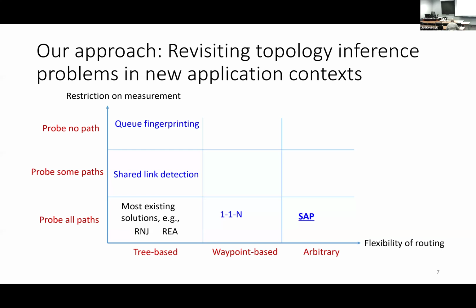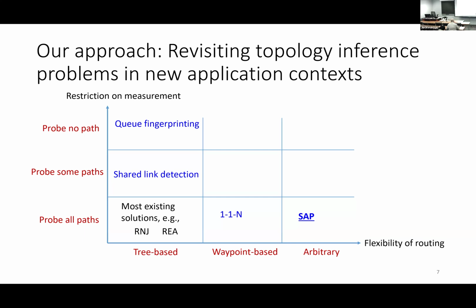Since I don't have enough time, I will just deep dive into positive and negative results in this one combination, where you throw away any restrictions about what kind of topology you have in the ground truth: arbitrary routing, completely arbitrary. And let's just ask a fundamental question without any side information.